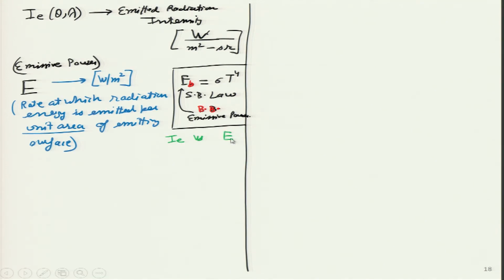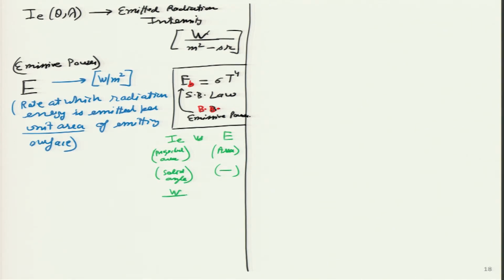They differ in that over here we have talked about the projected area, or the area normal to the direction, and here we have not talked about projected area, here we are talking about actual area. The second difference is that this is per unit solid angle, that is why there is a steradian, and here there is no mention of solid angle.